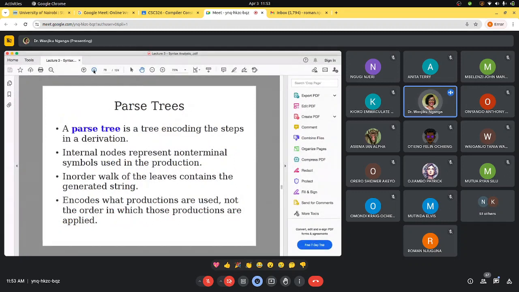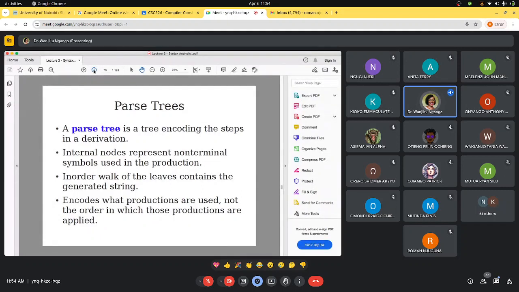So a parse tree is a tree that encodes the steps in a derivation. We know that the nodes represent non-terminal symbols, whereas the leaves are the token string. And when you do an in-order walk of the leaves, it should yield the string that came from the scanner, if indeed it was syntactically correct, that is, the token stream follows the grammar rules.